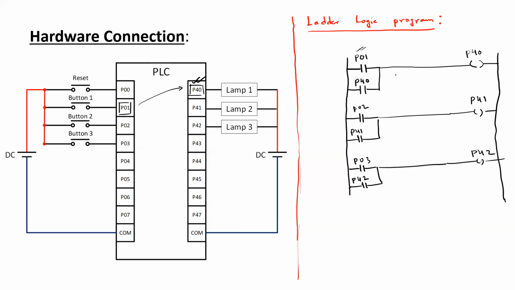Okay, let's say participant 1 has pressed the button first, then we have to disable the inputs from participant 2 and participant 3. So we have to somehow open this path and this path when participant 1 has pressed his button, so that opening this path will disable the inputs from the other users.